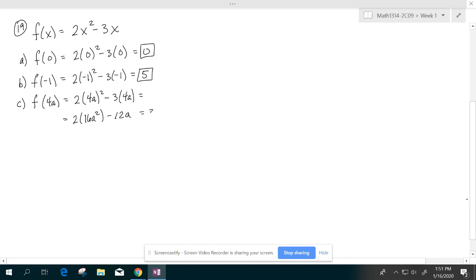And that's going to be 16a squared minus 12a. Since we have a variable in here, we're not going to get a single number answer. You're going to get another expression.